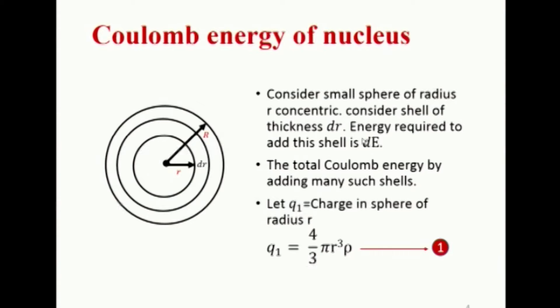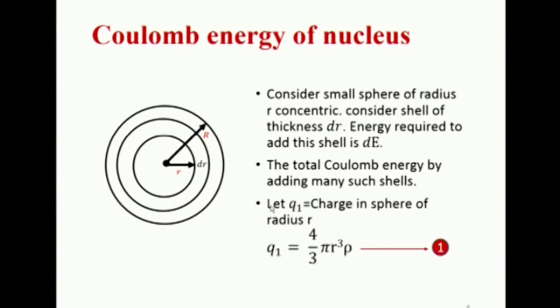The total energy will be E. Since we are talking about a small thickness dr, we say the energy is dE. The total Coulomb energy is obtained by adding many such shells; the small radius r goes on increasing and finally we get capital R. So, you add up all the shells and we get the total energy.